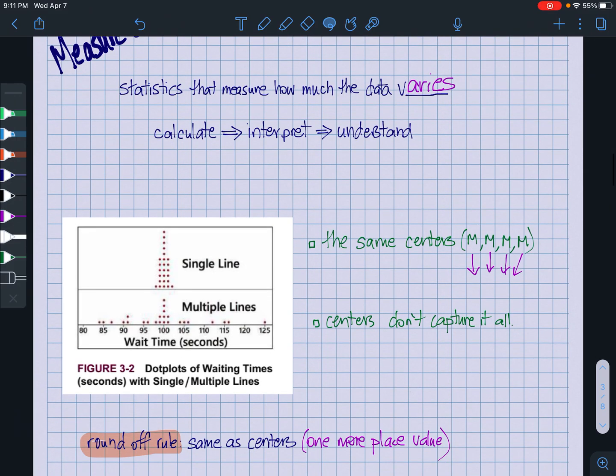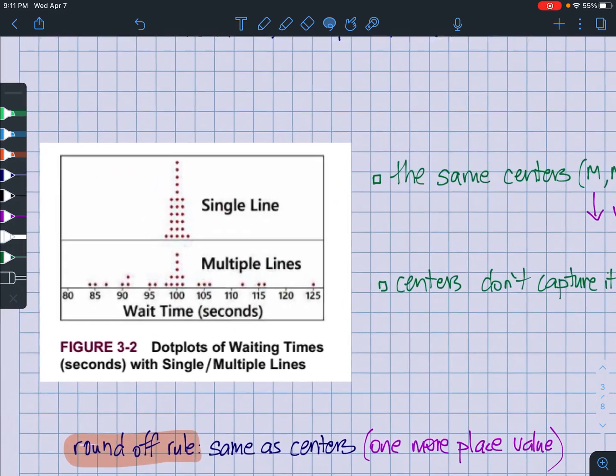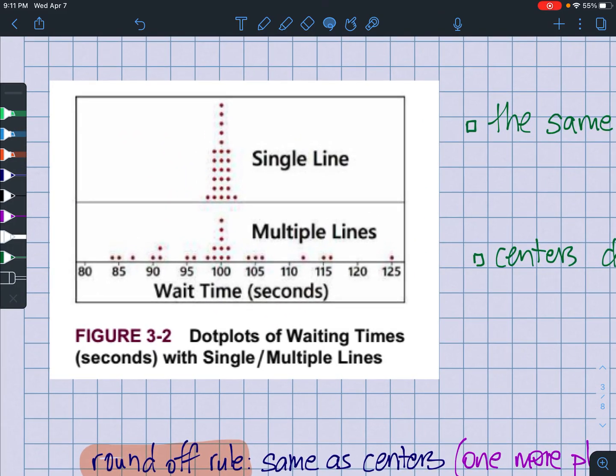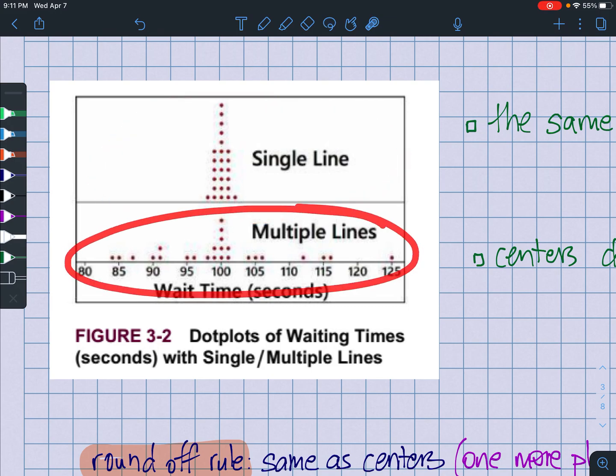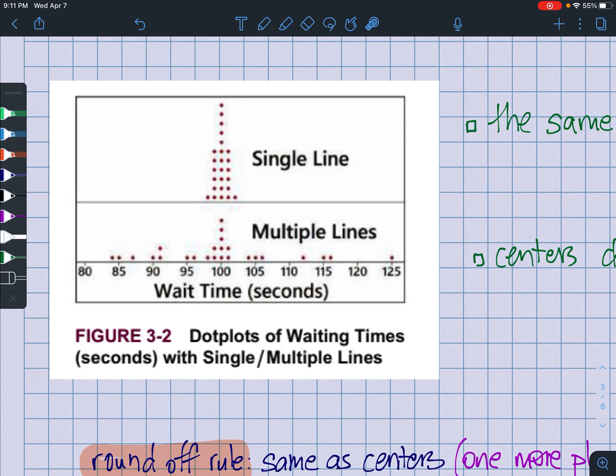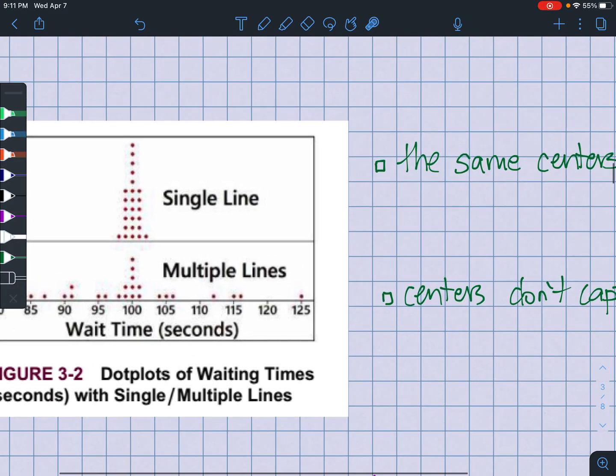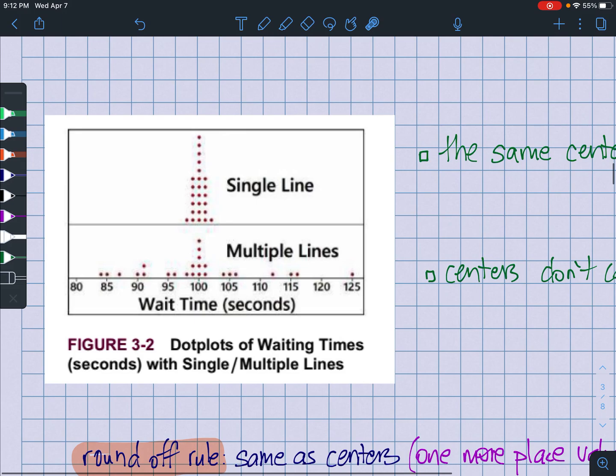So let's start off by looking at a picture here. We have two sets of data. There is one on top and then one just below that. And we're looking at these two sets and comparing the centers.